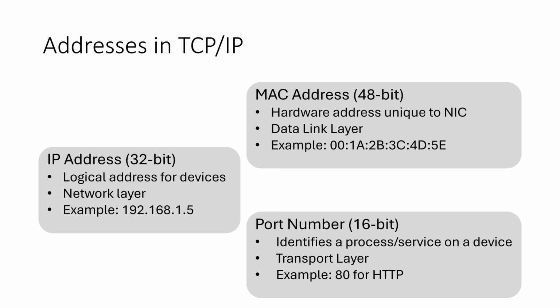Lastly, a port number identifies a specific application or a specific service running on a device. For instance, HTTP uses port 80, SMTP uses port 25, and this is essential because a device might have multiple applications communicating over the network simultaneously.